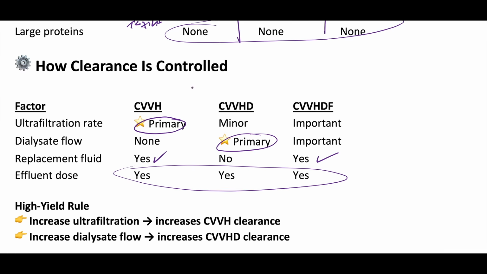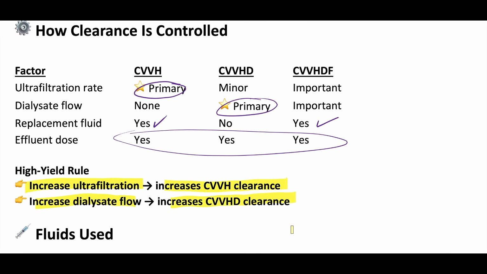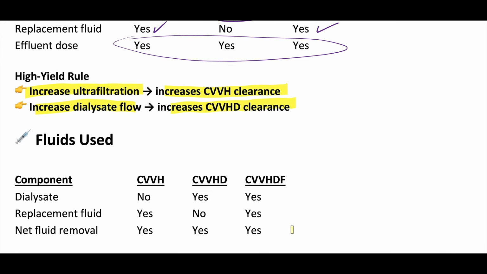So the high-yield rule here: increase the ultrafiltration rate to increase solute clearance in CVVH. Increase the dialysate flow rate to increase solute clearance in CVVHD. And then obviously for CVVHDF, it's both. Fluids used, just to re-emphasize points, right?